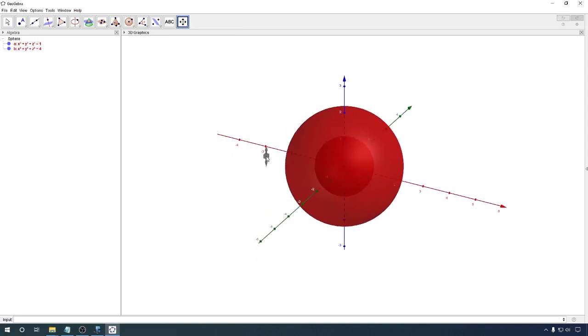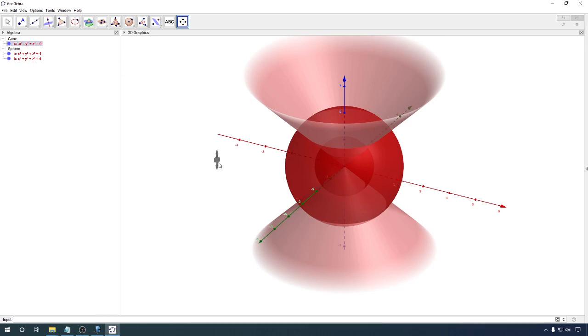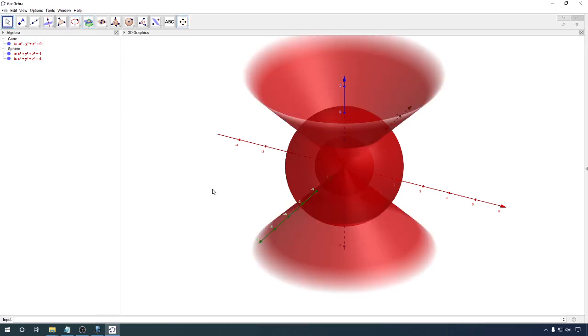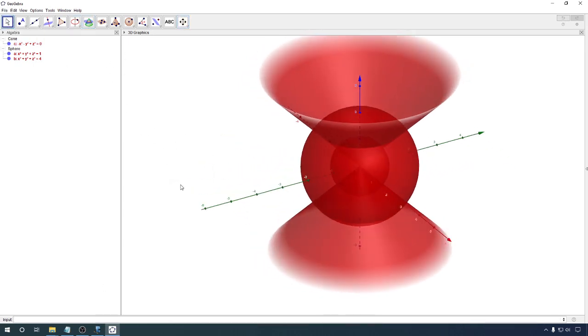So we're only looking at stuff that's inside there, except we're only concerned with the stuff that's above the cone z equals the square root of x squared plus y squared. Let me write that as z squared equals x squared plus y squared. It's going to show us a double cone, but at the very least we can kind of see what's going on here.